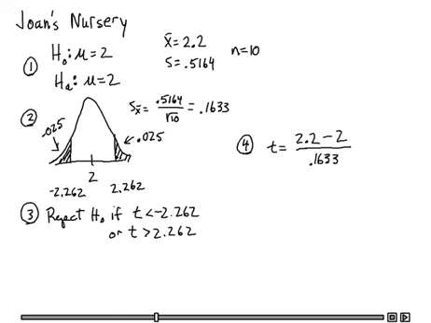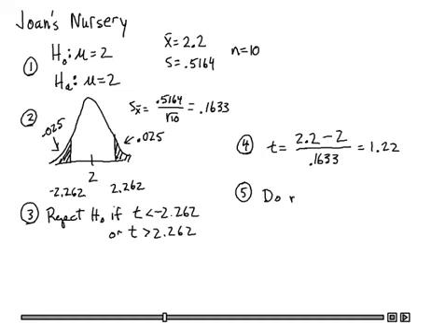When I do that, I get 1.22. So that is not strong enough evidence to show that the average planting time differs from 2 hours.